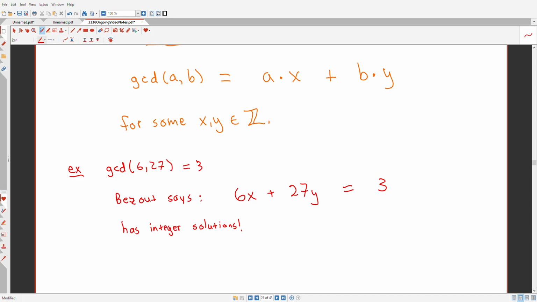You can check, maybe in orange for Bezout, that if I were to use x equals the integer -4, and y equals the integer 1, this will work. The greatest common divisor 3 is indeed a linear combination of the two integers I was comparing divisors of.